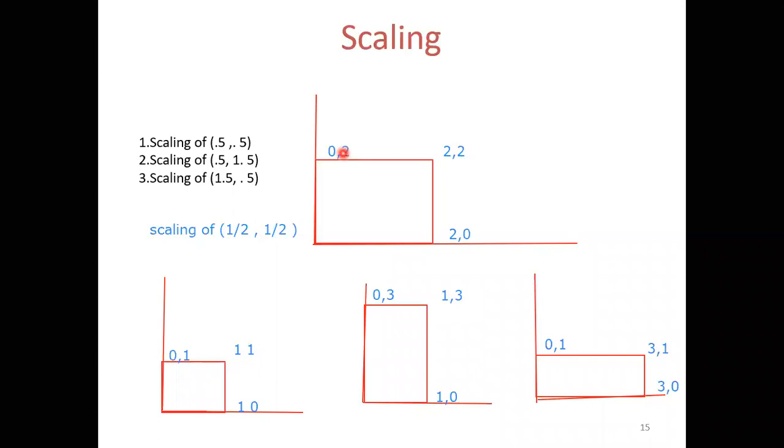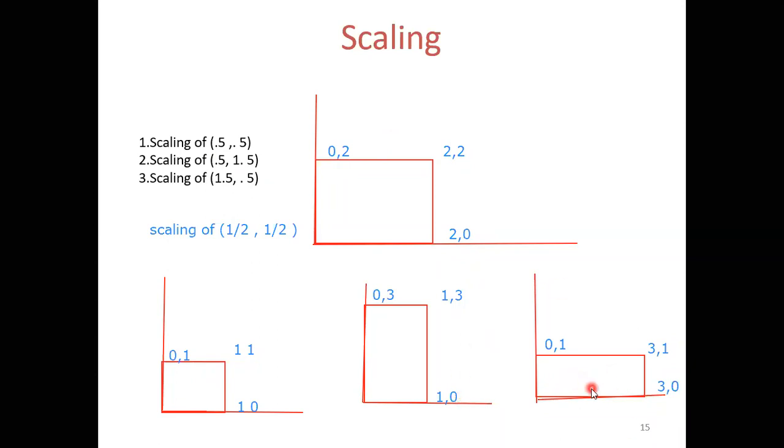We have to multiply only the x-axis first. So 0.5 into 0 is 0, 0.5 into 2 is 1, 0.5 into 2 is 1. 1.5 into 2 is 3, 1.5 into 2 equals 3, and 1.5 into 0 equals 0.